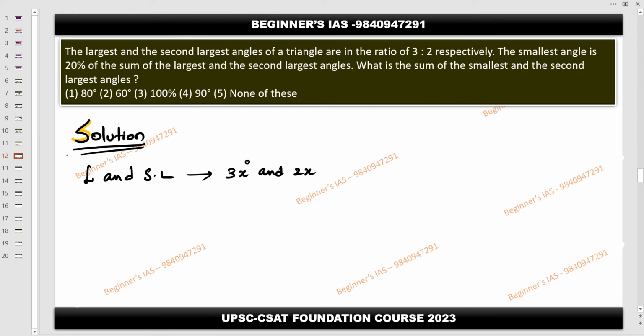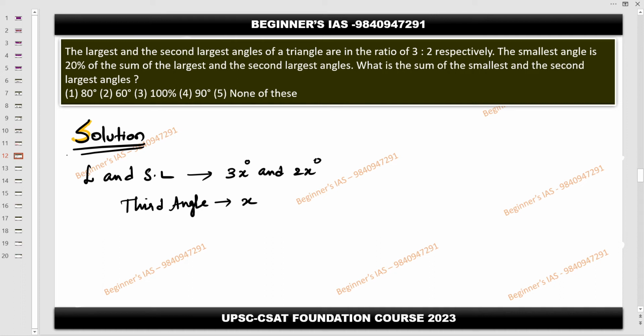Then I'm taking the third angle as the smallest angle.